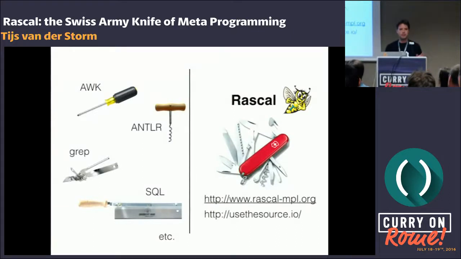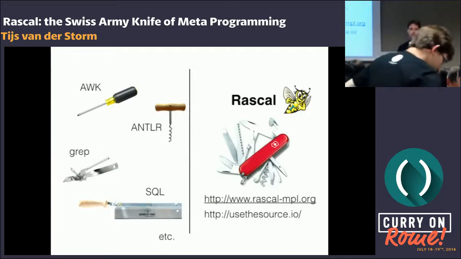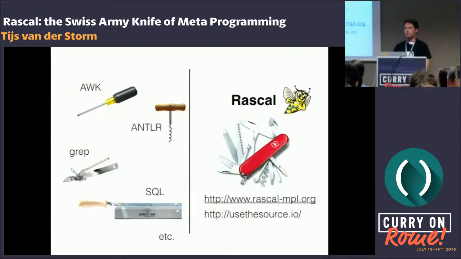Really simple lexical meta programming could be done, for instance, in awk. For more complex stuff, you would use ANTLR or something. If you just want to search for some string, you would actually use grep. But if you need more complicated queries over facts derived from your source code, you might want to use SQL.